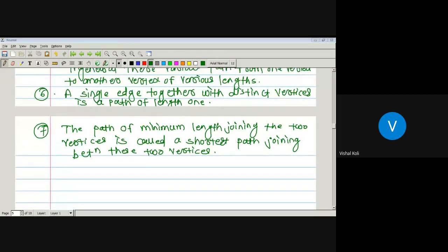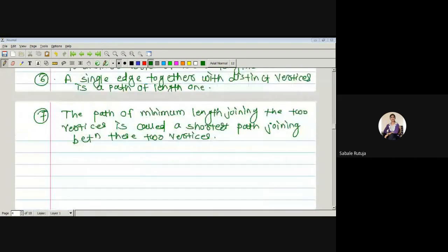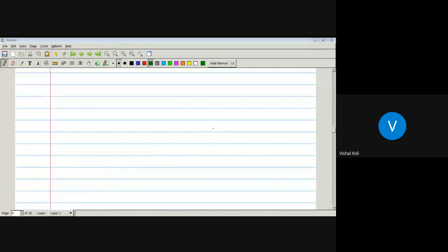Okay. Up to now, any doubt? No, sir. Tell me, what is a walk? It is a finite sequence with alternate vertices and edges. What is an open walk? When origin and terminus are distinct. And what is a closed walk?